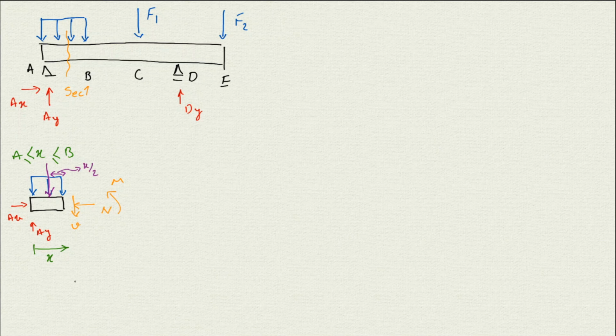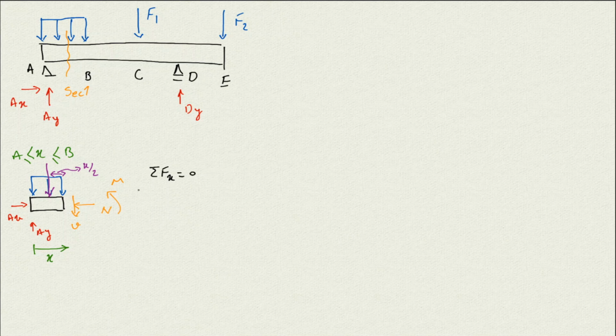The same also on the other side. So I will write sigma Fx equals 0 for this section, and then sigma Fy equals 0 for this section, and I can write sigma M there. Let me write this.